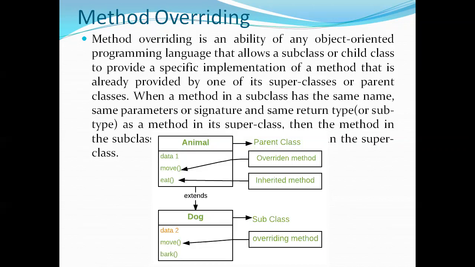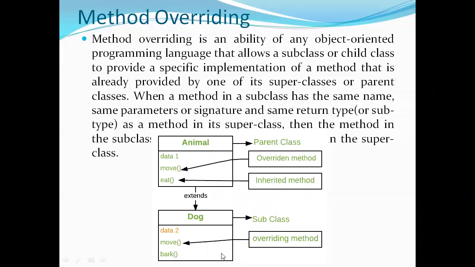When we call d dot move, instead of giving preference to animal, it gives the preference to dog. Why? Because the method resolution order is first dog, then animal. So this is about method overriding.